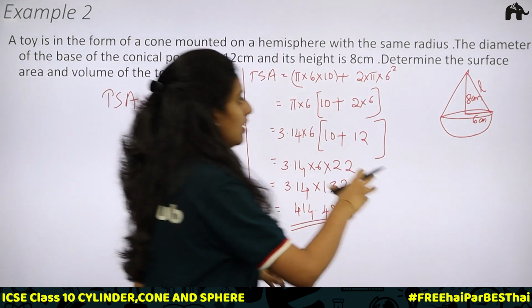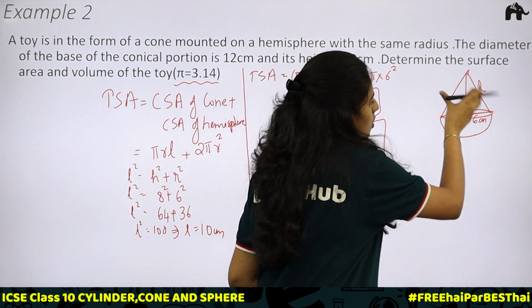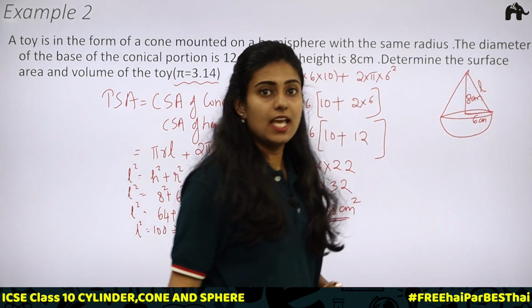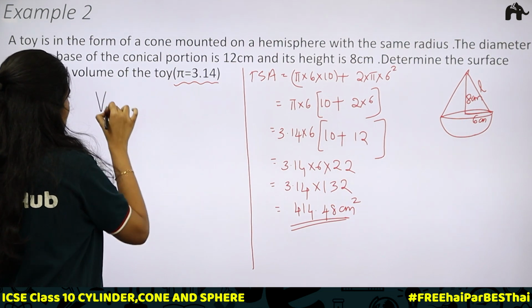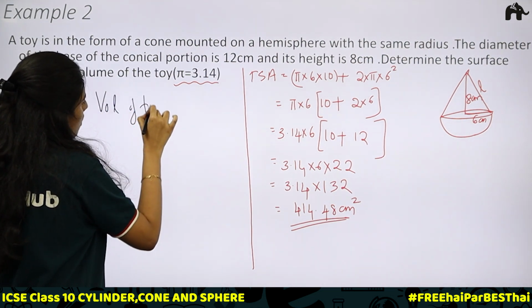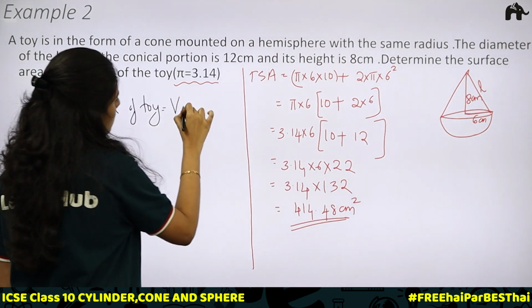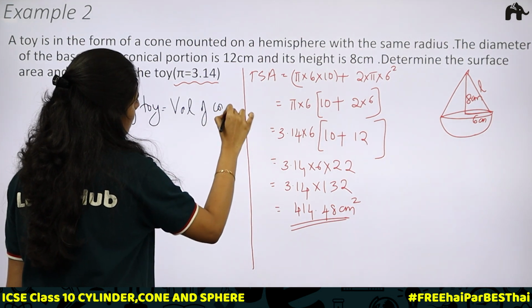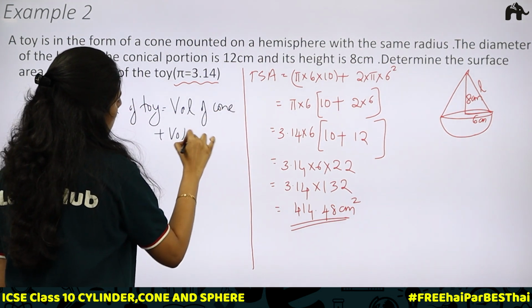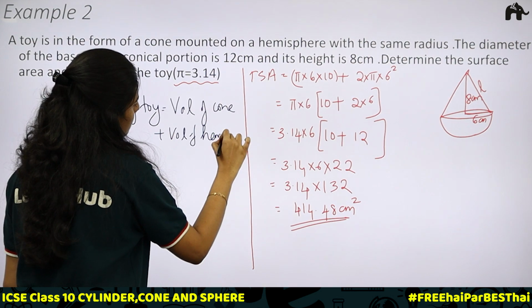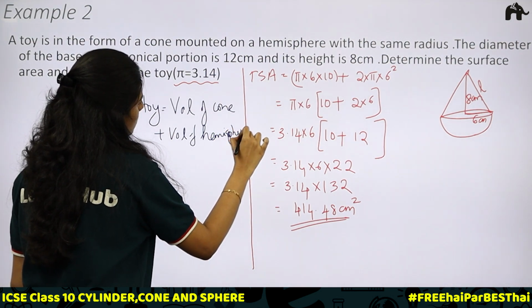Volume of the toy includes the volume of cone plus the volume of the hemisphere. What is the volume of cone?